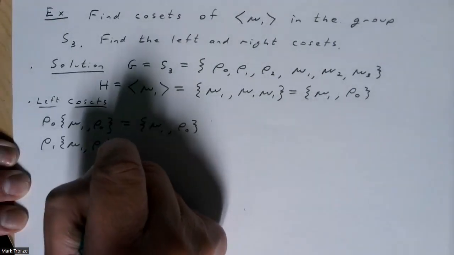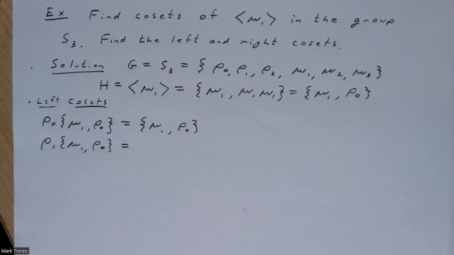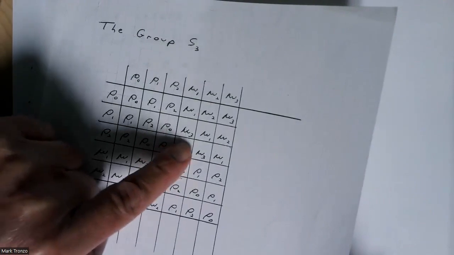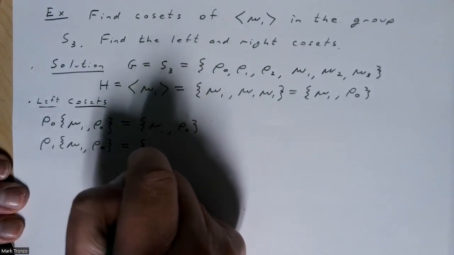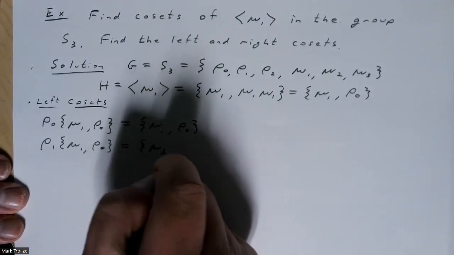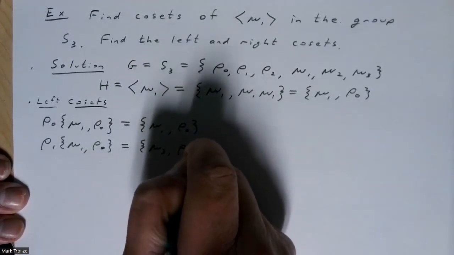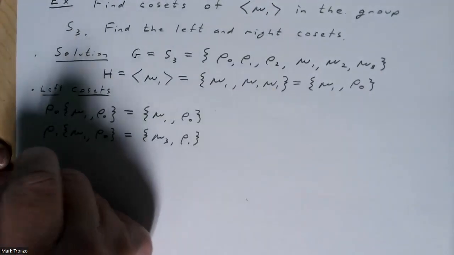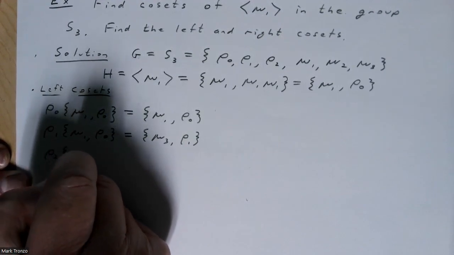Now, rho 1 multiplied by mu1, we're going to have to look at our chart. Rho 1 times mu1 is mu3. And of course, this is the identity, so rho 1 times the identity is going to be rho 1. And then over here, rho 2.